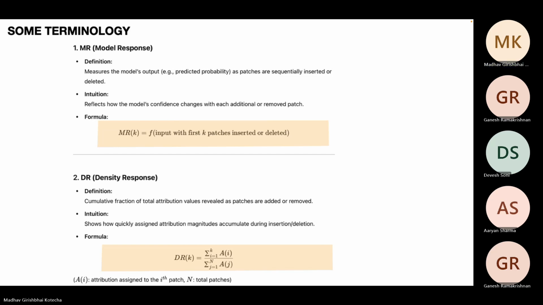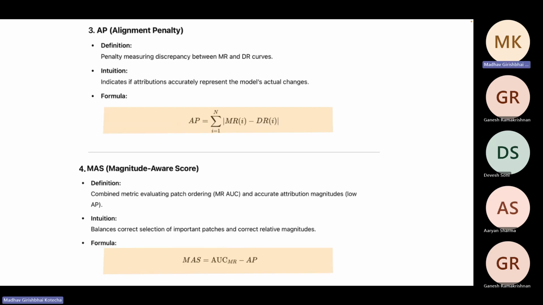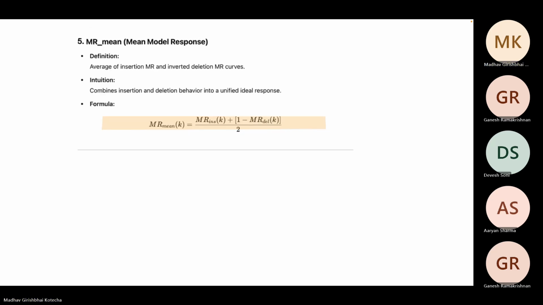The other is alignment, which is defined as the model response minus the density, the amount of image shown. So this is the difference between them, the cumulative sum of the differences. And the last is the magnitude score that we'll see later.